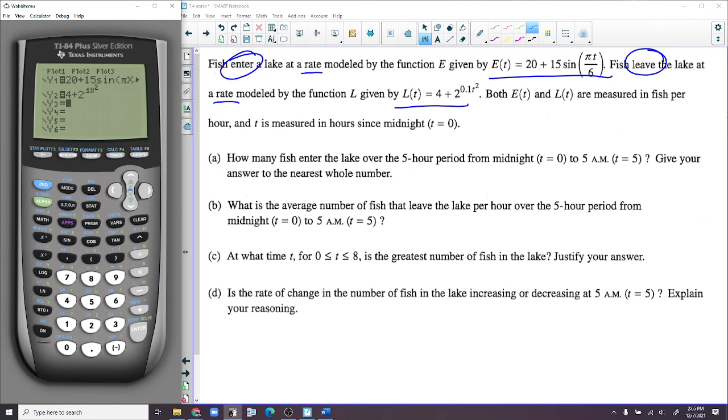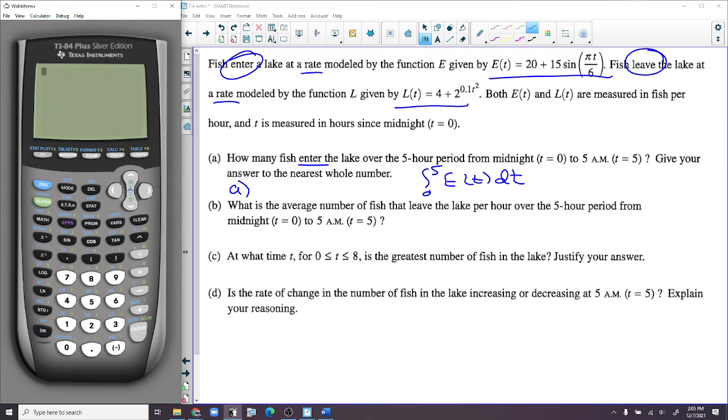A, how many fish enter the lake over the 5-hour period from midnight to 5 a.m.? Give your answer to the nearest whole number. So that's going to be the integral from 0 to 5 of enter. How many enter? So E of t. E of t is the rate. So if we integrate, that'll be how many.